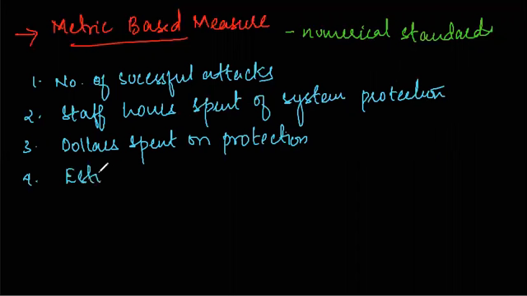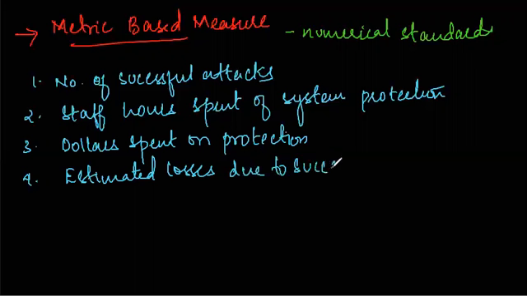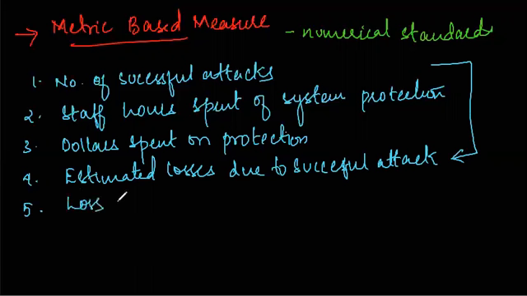Then you've got the estimated losses due to a successful attack. When you know how many attacks there are, based upon that you can get to know how much loss was incurred by the particular enterprise. Then there is loss in productivity hours. When is there going to be a loss in productivity hours?